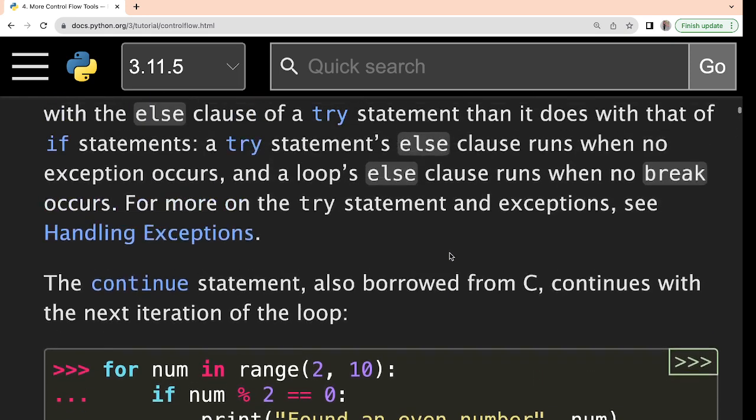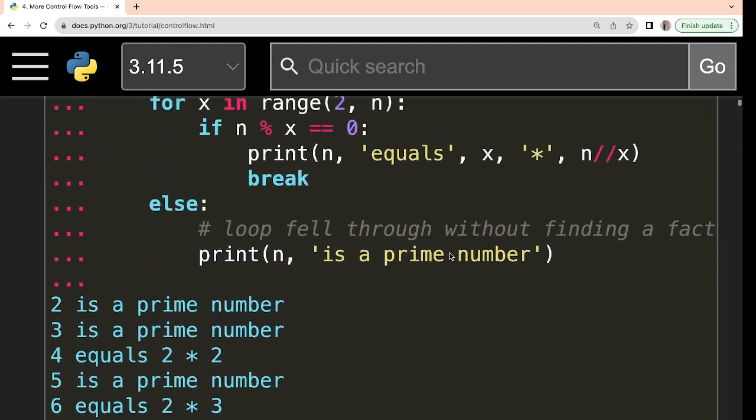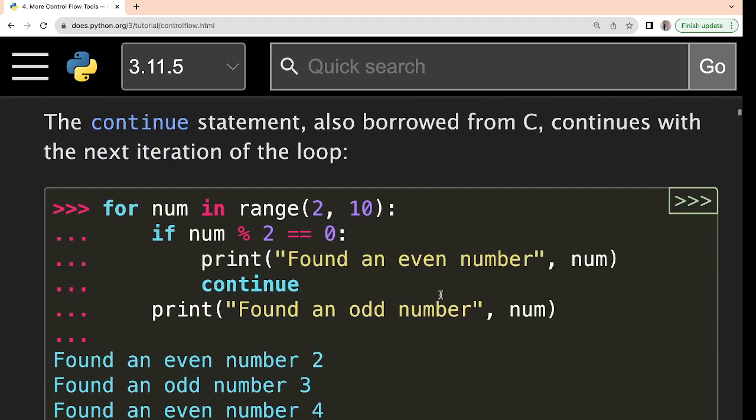All right, so I hope it is clear how this else has been used and how the break statement is working. After that we have the continue statement. It is also borrowed from C, because in C also we have the continue statement, and from C it is borrowed in C++ and Java also. So what is the role of continue? It continues with the next iteration of the loop.